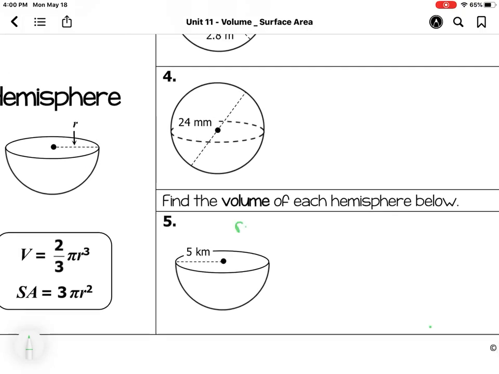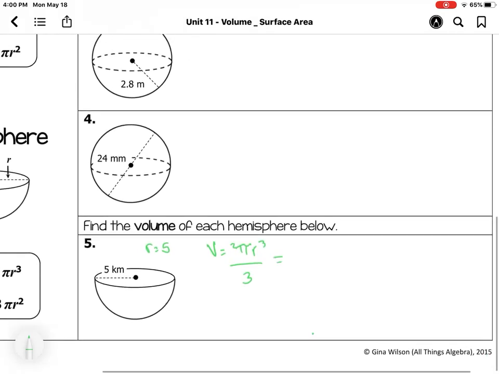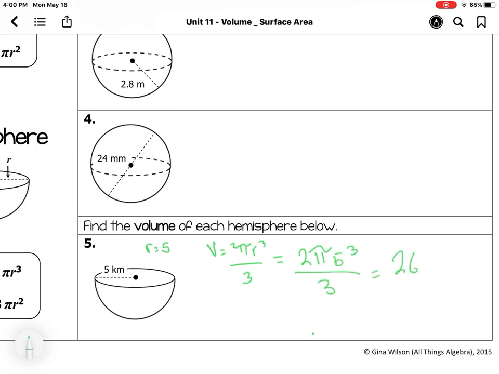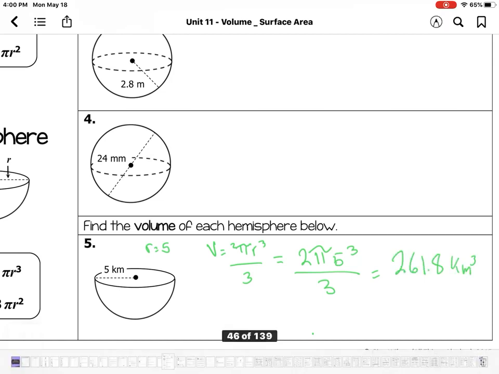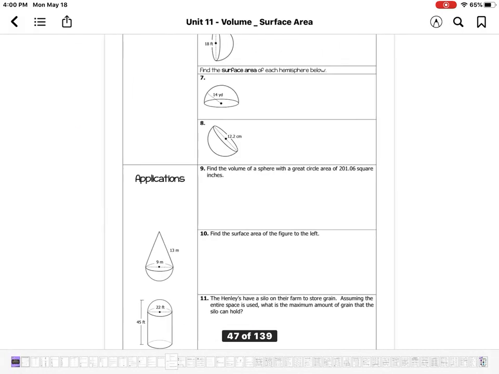Once again, important to identify the radius. We got 5. So we plug all of that in: 2 pi 5 cubed divided by 3. Plug it into our calculator, we get 261.8 cubic kilometers. Fairly simple.